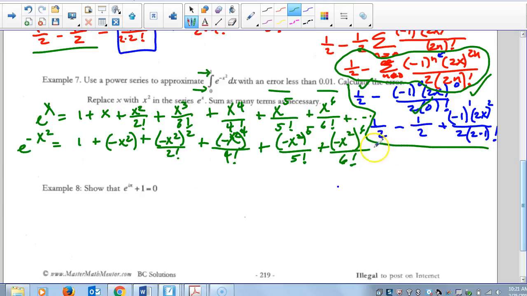Seems to be a little lag in this thing. Plus blah, blah, blah. So let's just simplify it so you can see what's going on. I got e to the -x squared equals 1 minus x squared plus x to the 4th over 4 factorial.